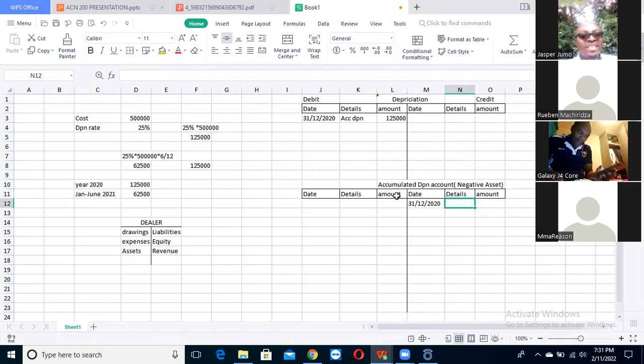Right now we are in the accumulated depreciation account, and therefore the name of the other account is depreciation, or let me just put DPN.